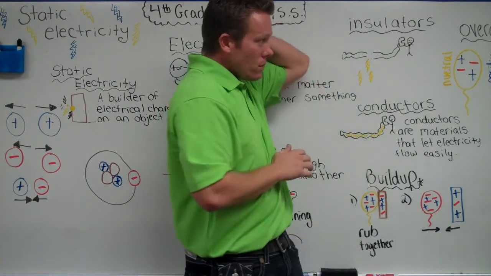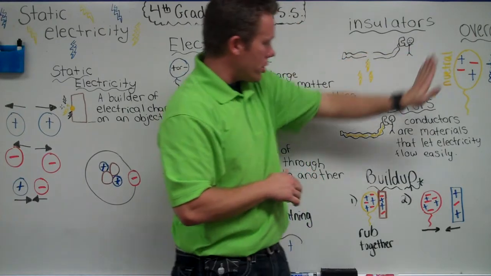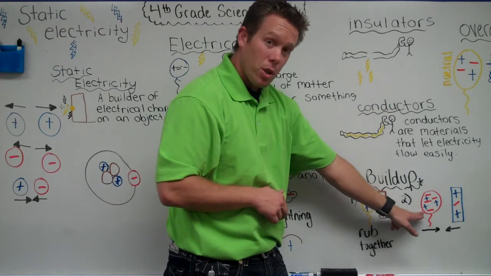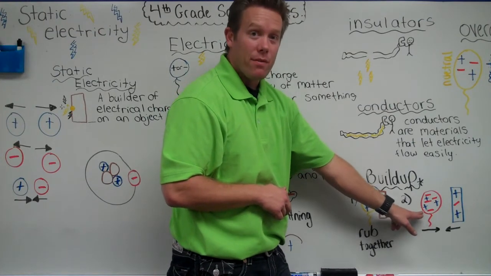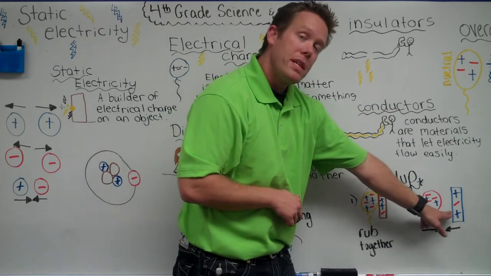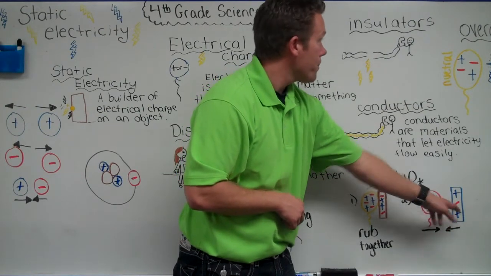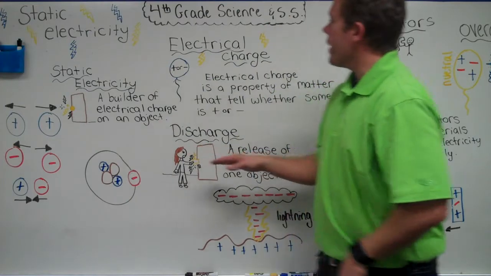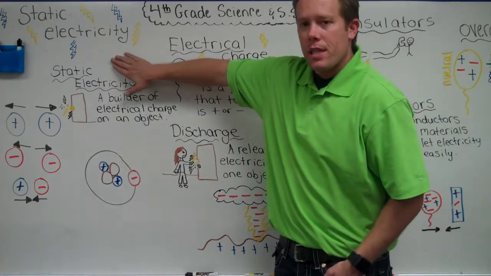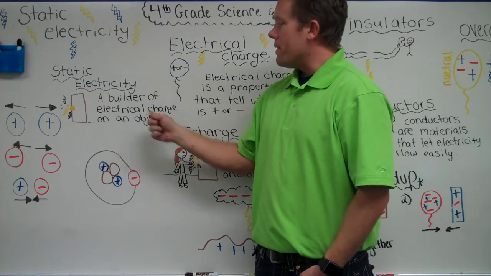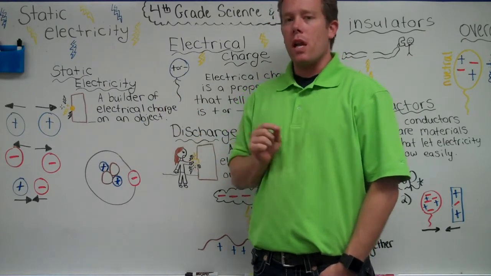All right? So we talked about overall charge, we talked about buildup. You can see that this balloon has a buildup of negative ones now. This piece of wool cloth has a buildup of positively charged ones now. Move over here. So static electricity, thinking about all that we've talked about, is a buildup of electrical charges in an object.